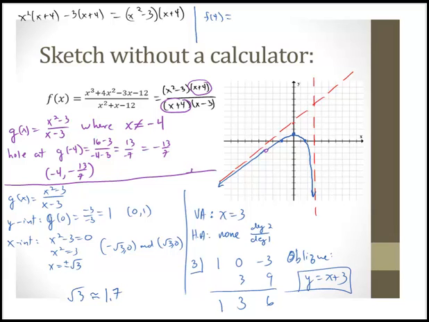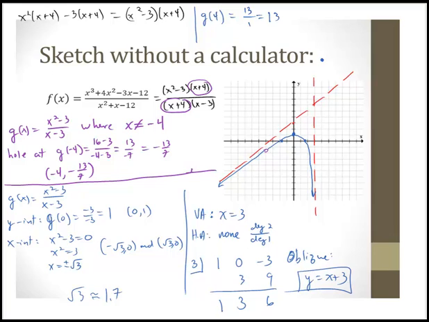G of 4 would be 16 minus 3, that's 13, over 4 minus 3 is 1. So g of 4 is 13. So we have the point (4, 13). There's 10, 11, 12, 13, would be about here.